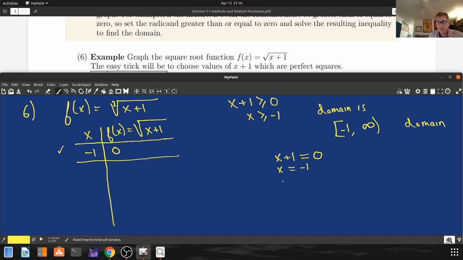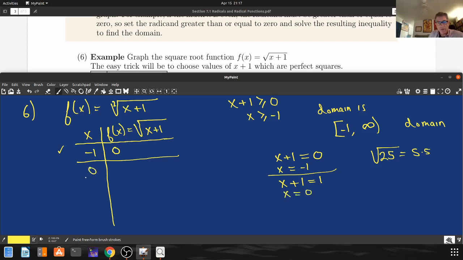So the next perfect square is, I want x plus 1 to be equal to 1, because a perfect square is a whole number that is the product, for example, like 25 is the product of 5 times 5. So when I take its square root, I get a whole number and no fractional part. So the square root of 1 is 1. So I'm going to solve for x, and this gives me x is equal to 0.